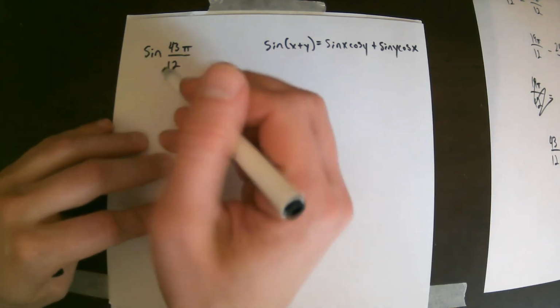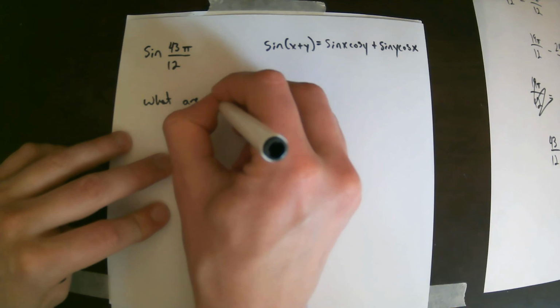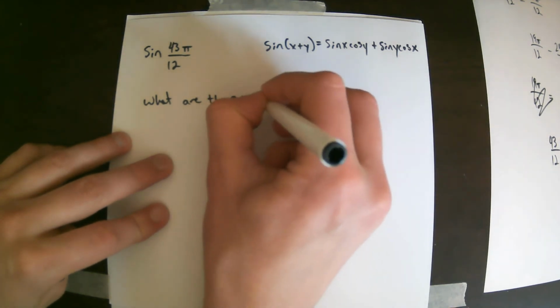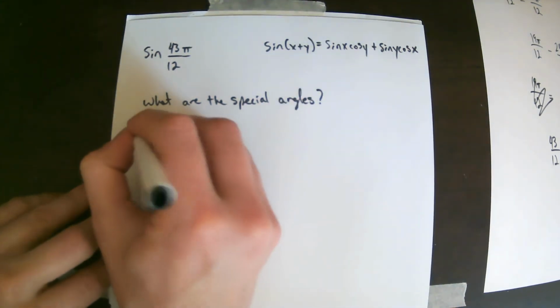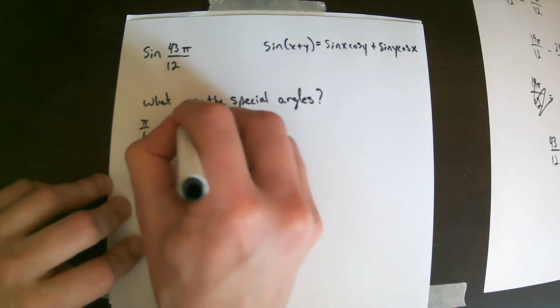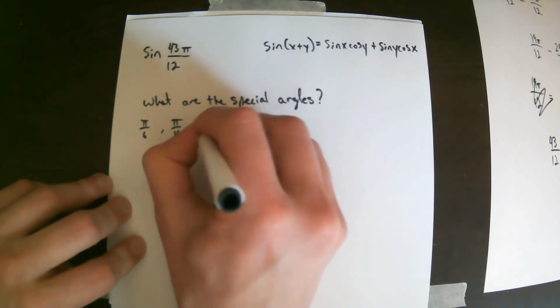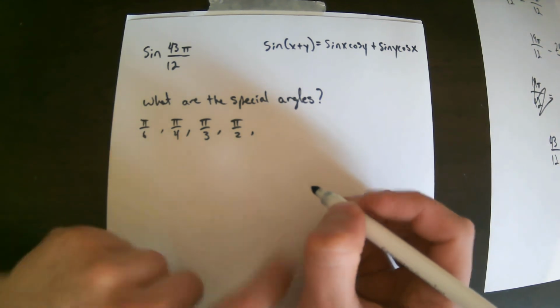But the problem is, what do the special angles look like? Well, they're pi on 6, pi on 4, pi on 3, pi on 2, and then multiples of each of these.